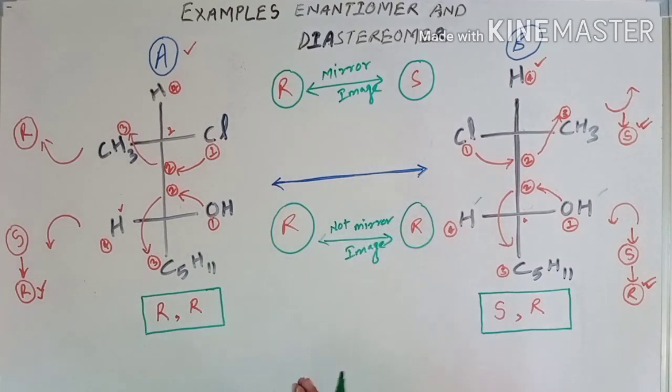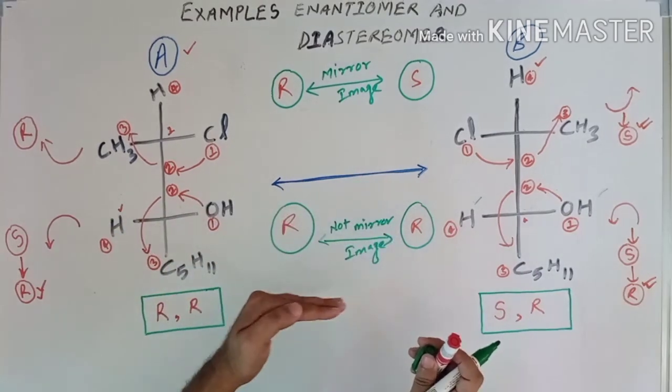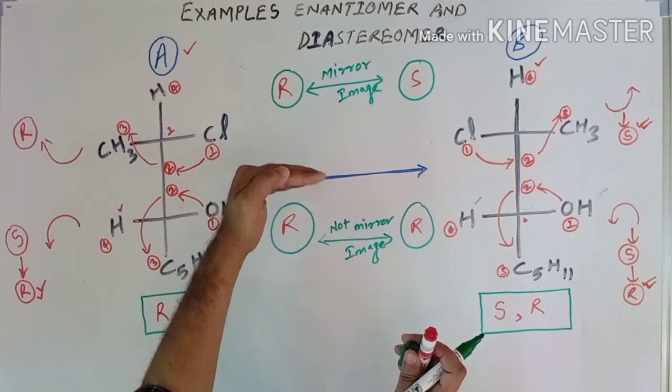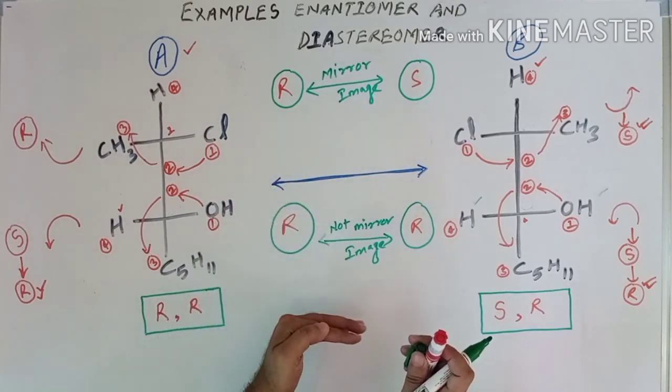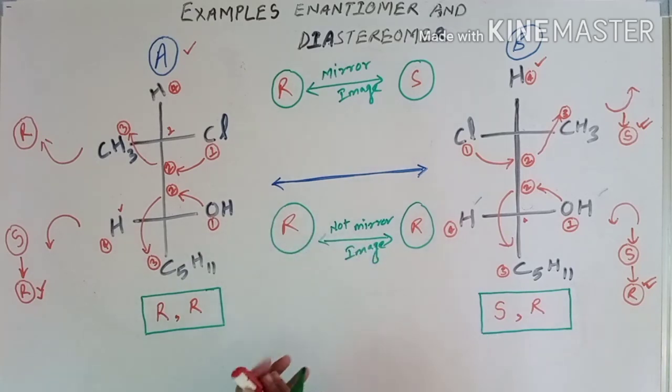Now you will see that amongst both these molecules A and B, upper portion of first carbon is mirror image of each other, but second position or the other half portion of this molecule is not mirror image.